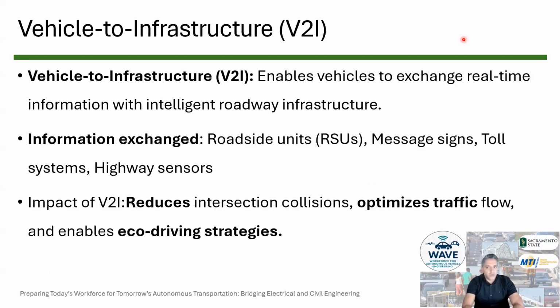Now, the next category is vehicle to infrastructure, or V2I. It enables vehicles to exchange real-time information with intelligent roadway infrastructure. As we said, the information exchange is with roadside units, message signs, toll systems, and highway sensors.